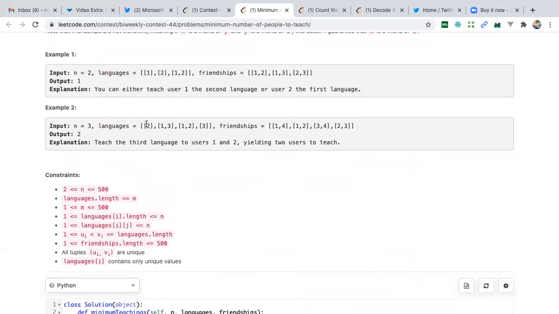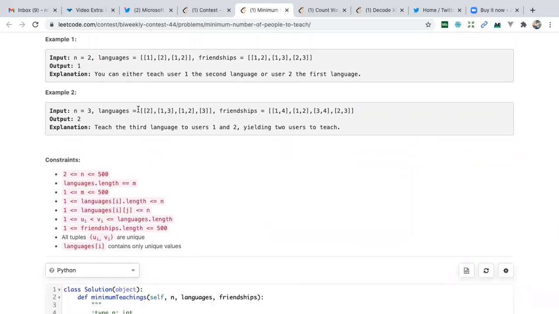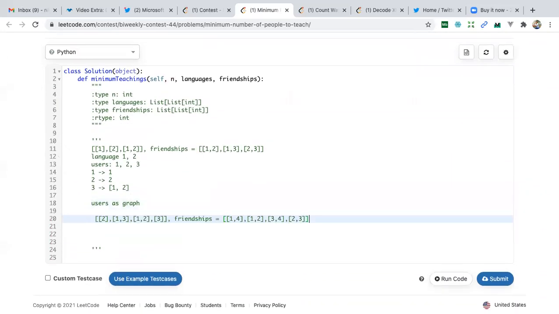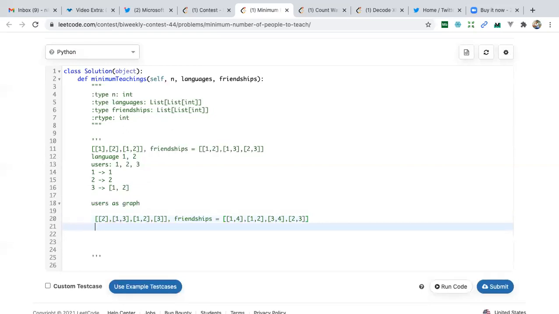Okay, let's take the second example. So we have 4 users and 3 languages, and the friendships are like this. So user 1 and 4: user 1 can speak language 2, and user 4 can speak language 3.